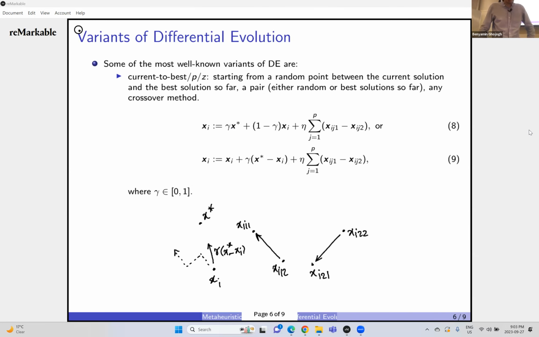Another variant is current-to-best/P/Z. First off, we are using P pairs and any crossover method. But the difference here is that it starts from a random point between the current solution and the best solution found so far.